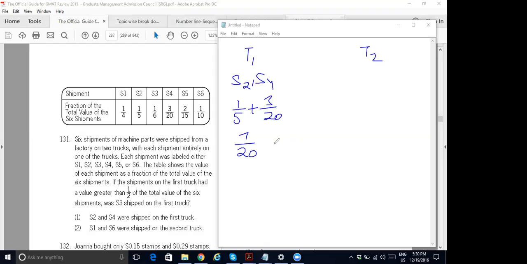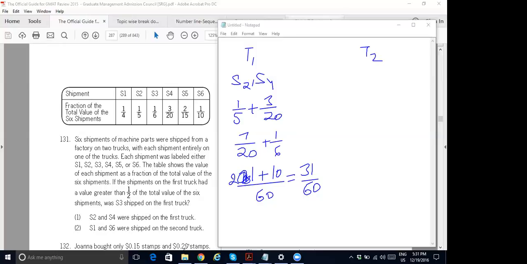Now, if we put 1 by 6 here, then plus 21, plus 10, that gives 31 by 60, which is greater than half. Yes, so I'm just trying to figure out.